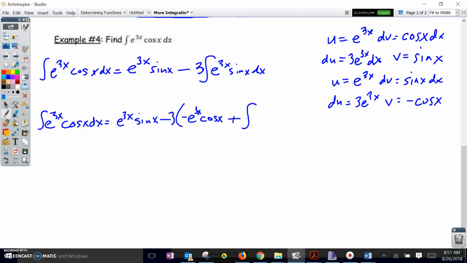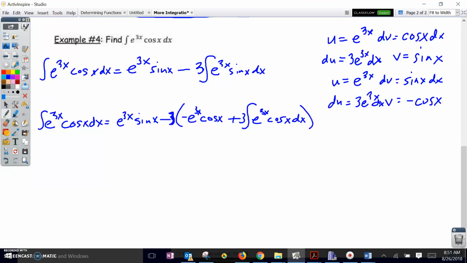Oops, forgot my 3 out in front of those parentheses. That's going to be very important. And then this is going to be 3 e to the 3x cosine of x dx.